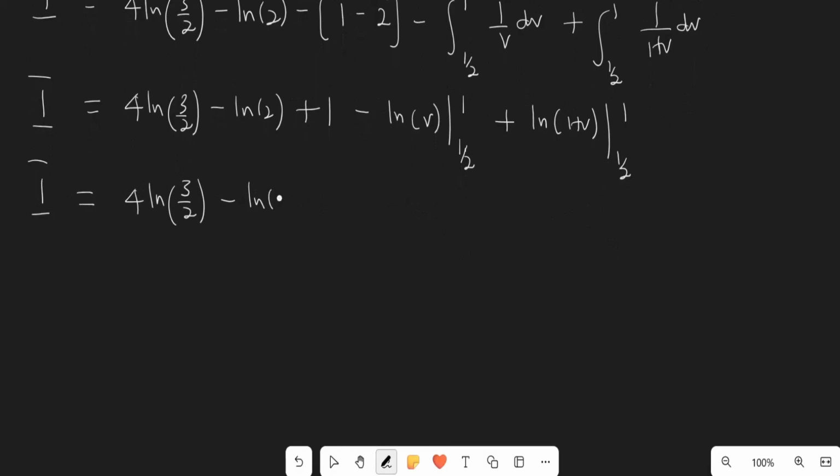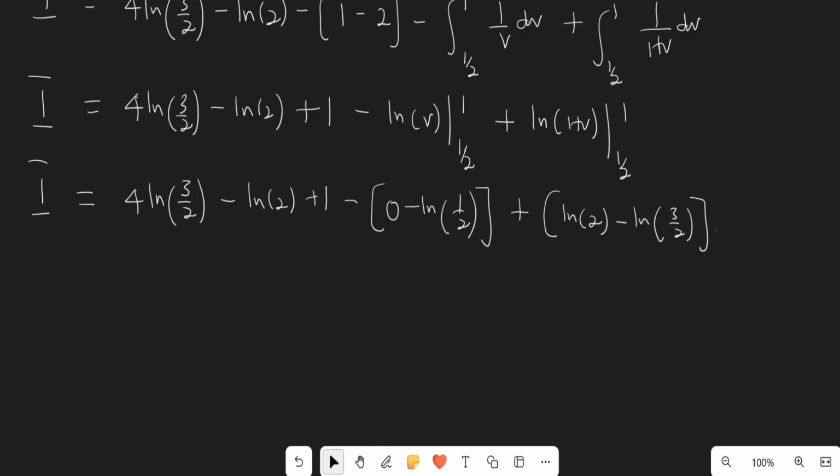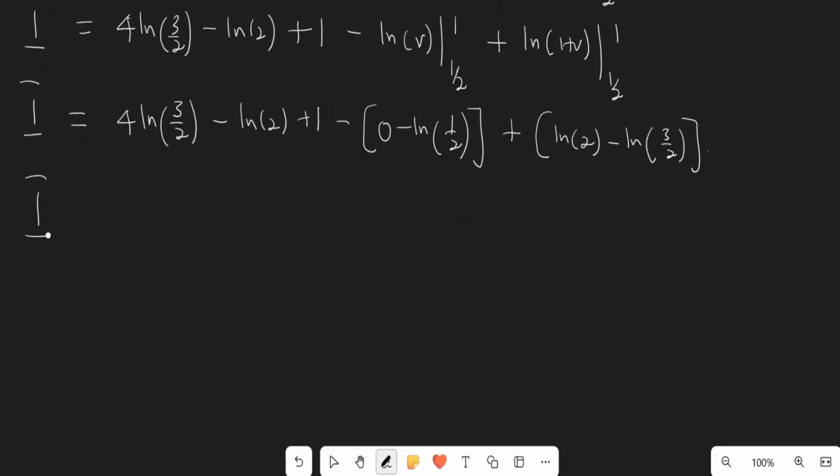So minus the ln of 2 plus 1, and then plugging in the limit, that is going to be ln of 1 is 0 minus the ln of 1/2, like this, plus this one, the upper limit is going to be the ln of 2 minus the ln of 1 plus 1/2, which is 3 over 2. A lot of arithmetic, right?